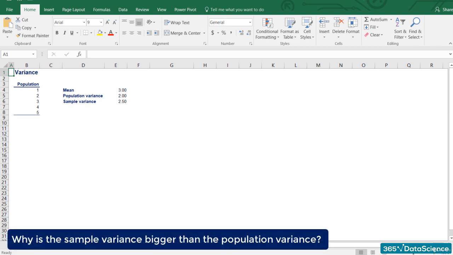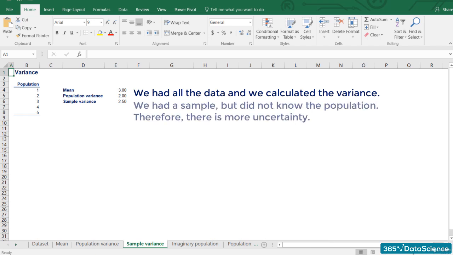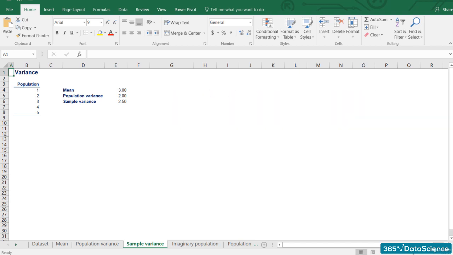Why is the sample variance bigger than the population variance? In the first case, we knew the population. That is, we had all the data and we calculated the variance. In the second case, we were told that 1, 2, 3, 4, and 5 was a sample, drawn from a bigger population. Imagine the population of this sample were these 9 numbers: 1, 1, 1, 2, 3, 4, 5, 5, 5, and 5.